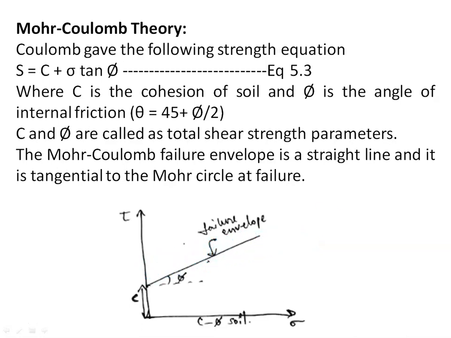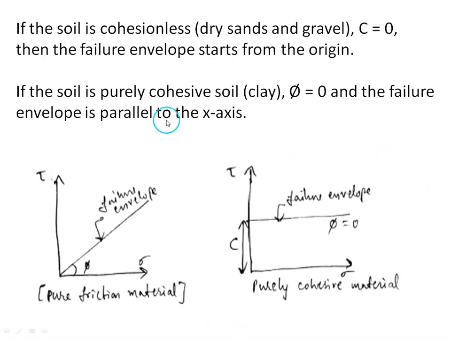In the case of a C-phi soil, this is the failure envelope. The angle made by the failure envelope with the horizontal is called the angle of internal friction, and its intercept on the y-axis is called the cohesion of the soil. If the soil is cohesionless, then C equal to 0.